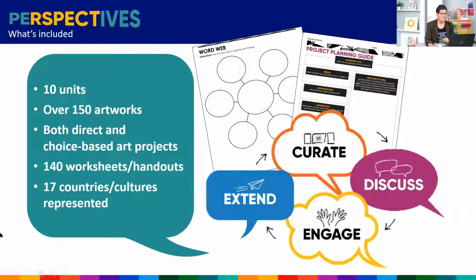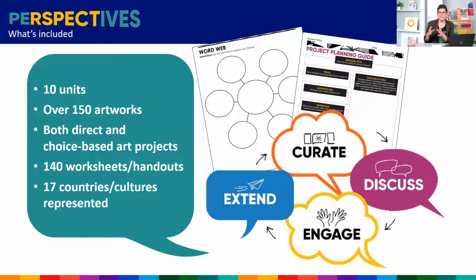So as we continue to talk about social awareness, again, I want to give you an idea of what you get with the curriculum and how it applies. So here is the foundation for how you teach it. There's curated content and 2 anchor artworks for every single unit.